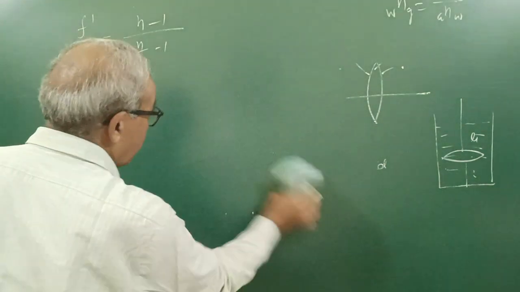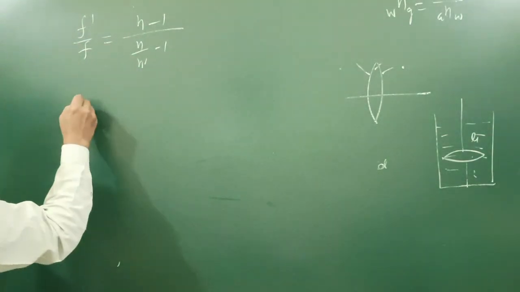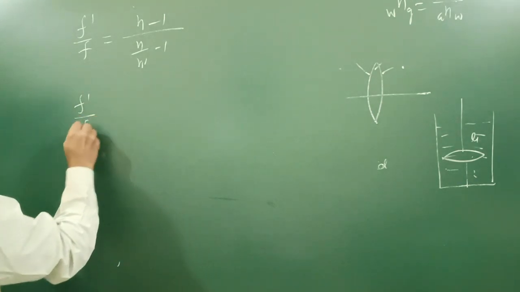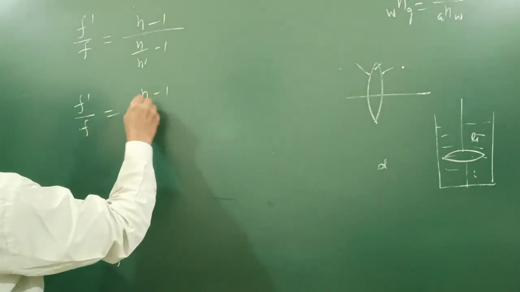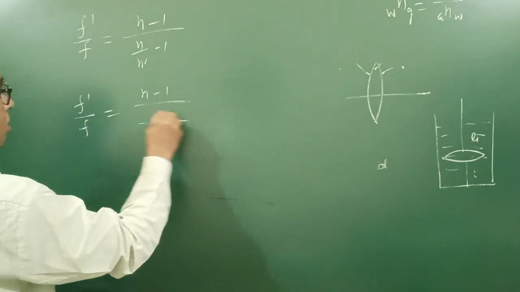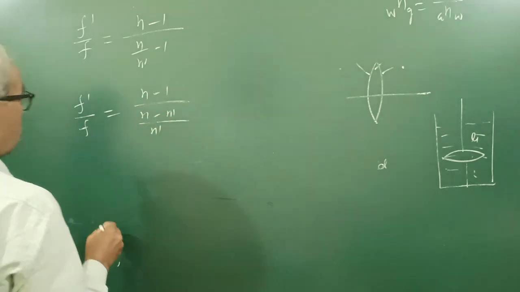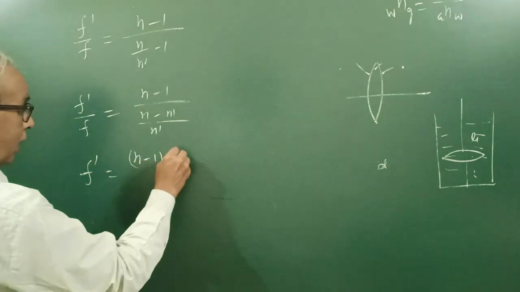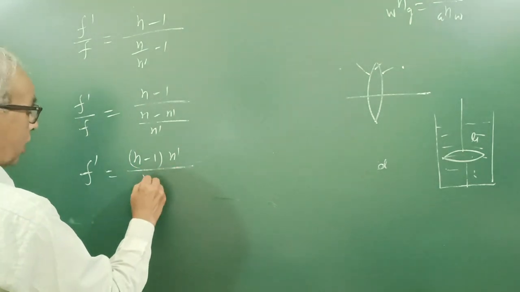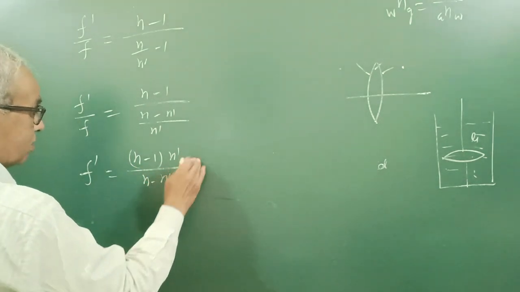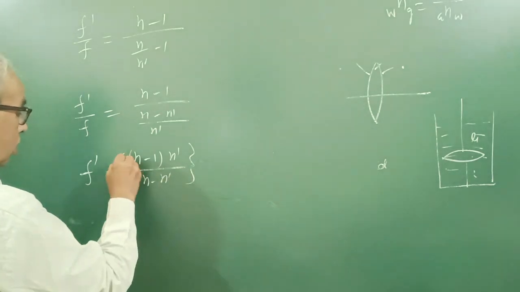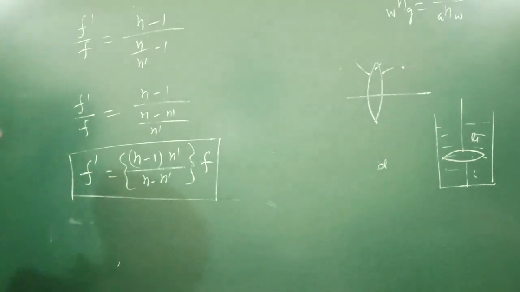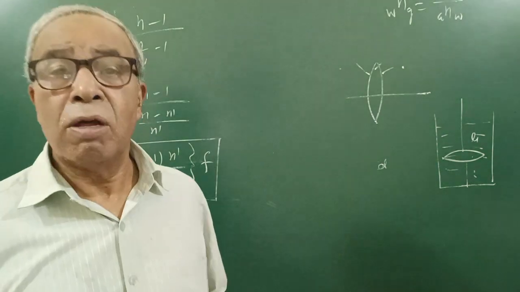Now f'/f = (n - 1)n'/(n - n'), or f' will come out as (n - 1)n'/(n - n') into f. This is a very important relation, used many times.